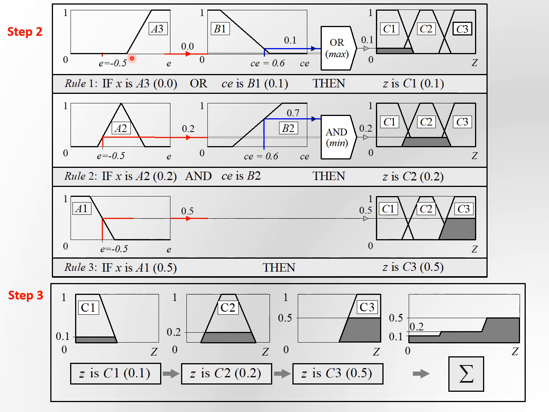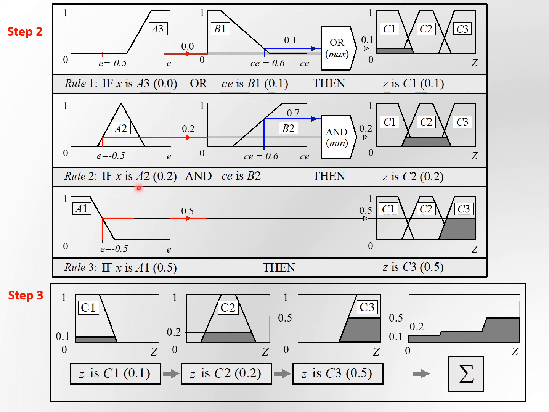So just now we have said, okay, if A3 is fired and B1 is fired, then we use the OR operation, which normally takes the maximum of the values, which is 0.1. So C1 is fired with 0.1 degree of membership. If X is A3 or C is B1, then Z is C1, with degree of membership 0.1.